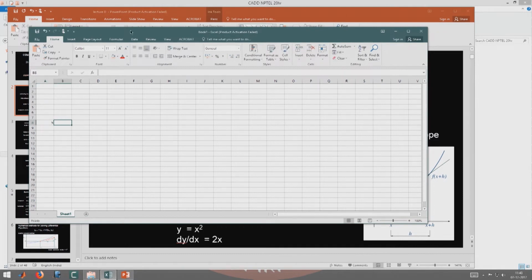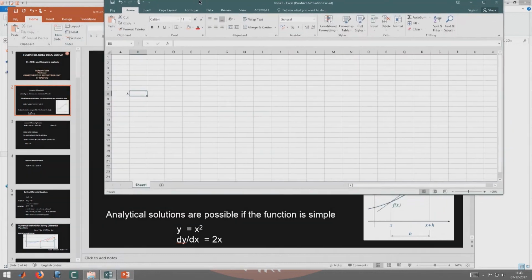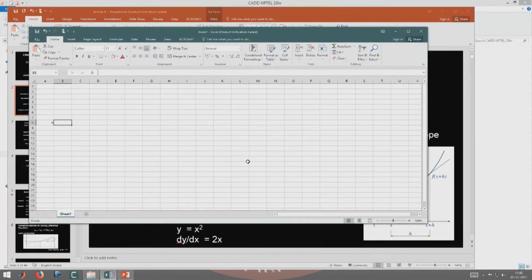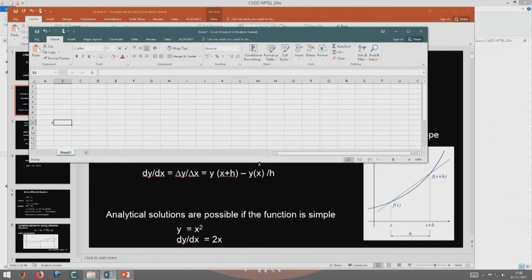What do I do in the forward method? In the forward method, I will calculate y at x plus h. Suppose I take h is equal to 0.01. At x is equal to 5, y is equal to x square.